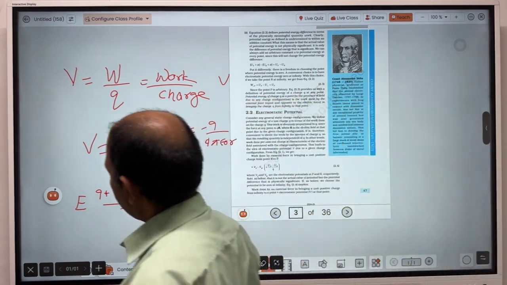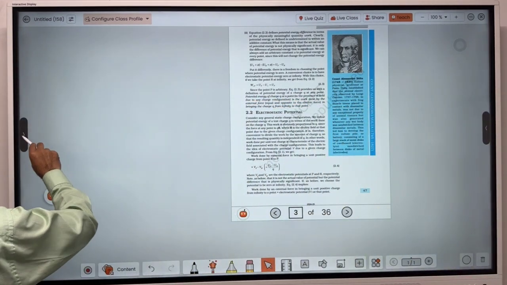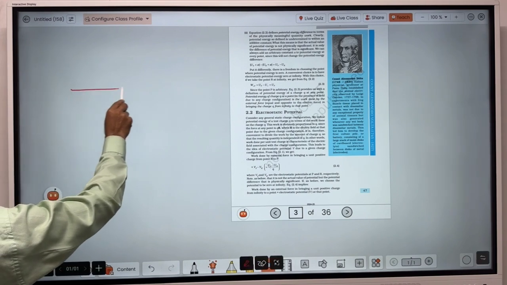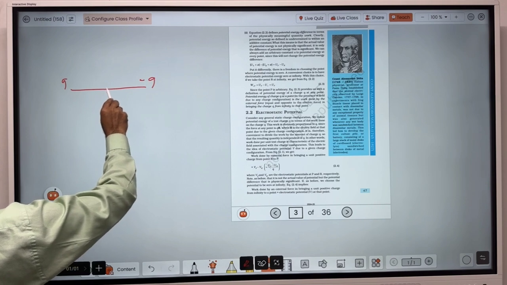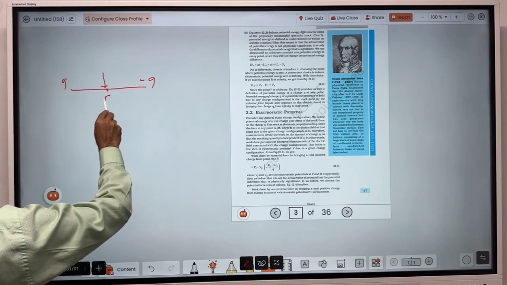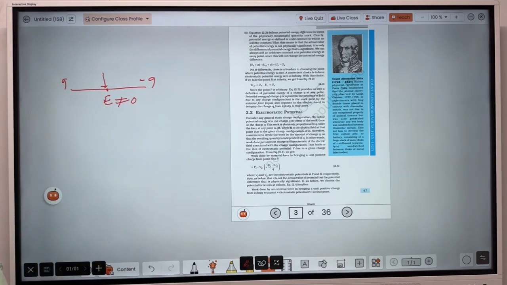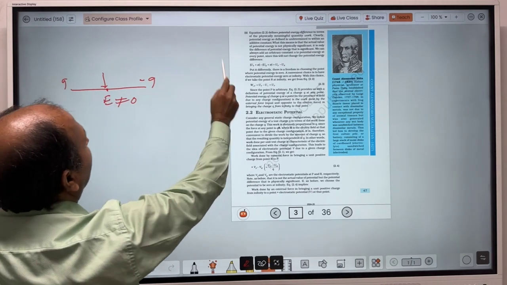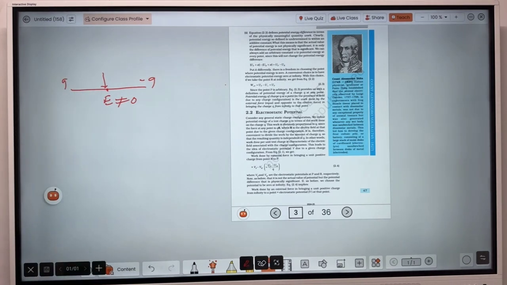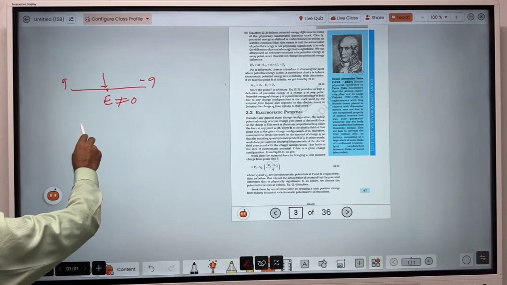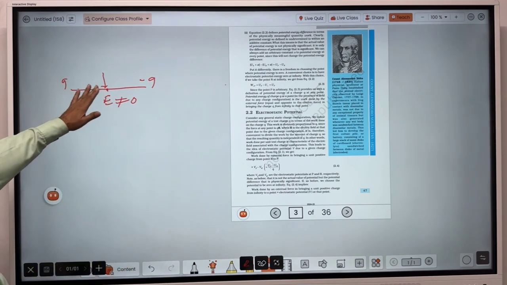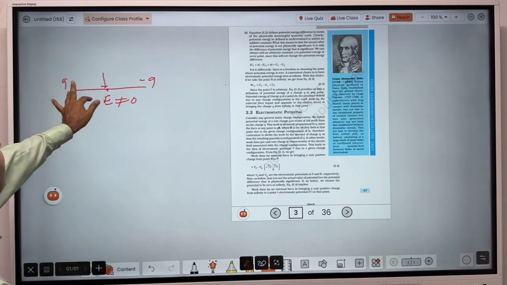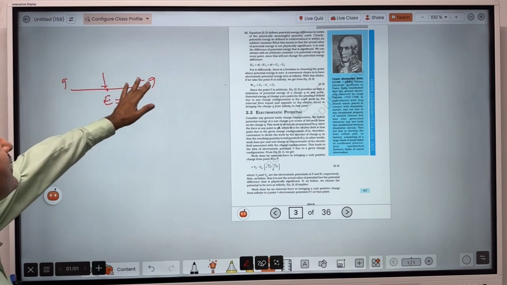Also, you must have noticed that if there are two charges, suppose plus Q and minus Q, and at the midpoint we find the electric field, it can never be zero. It will be zero at a certain distance, either here or here somewhere. But if you evaluate the potential, you will get this value to be zero at the midpoint.